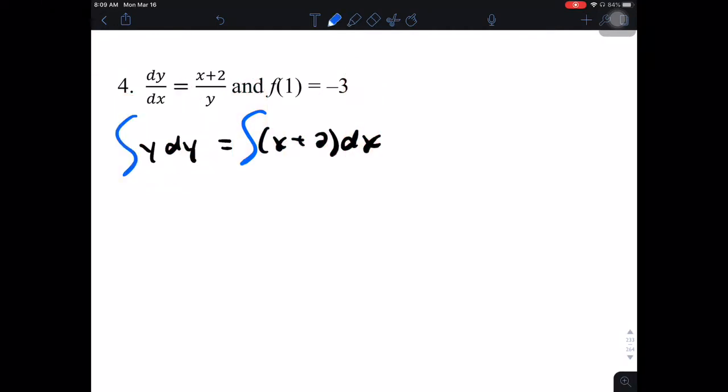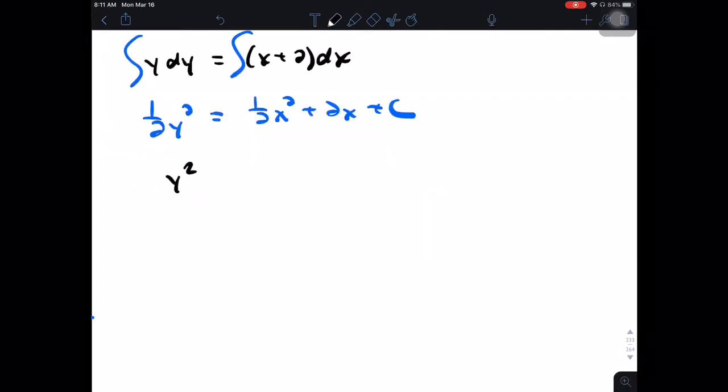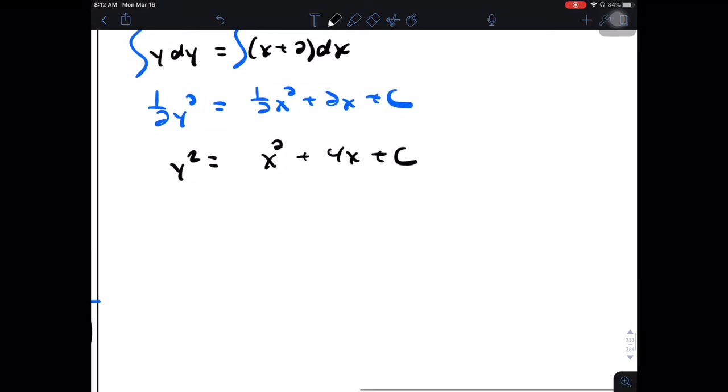Just a little reminder. Integrating y is going to be 1/2 y squared. Integrating x plus 2 is going to be 1/2 x squared plus 2x plus c. Y squared by itself on this, multiply each side by 2, each term. And we end up with y squared is x squared plus 4x plus c.